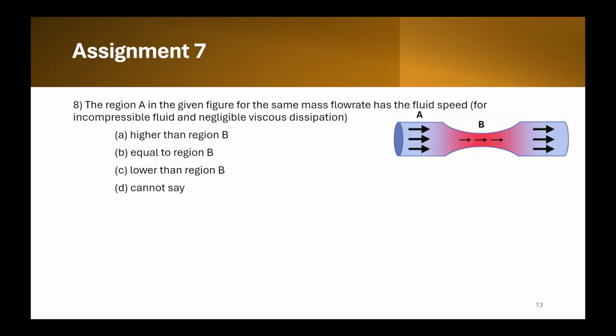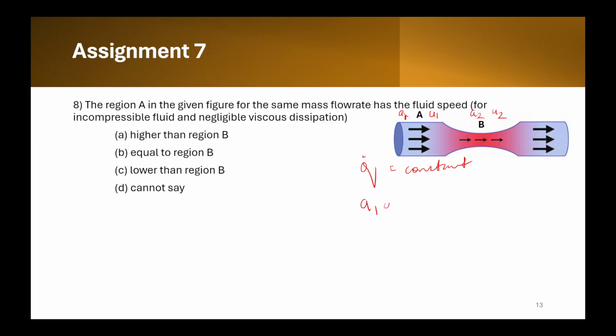Next question. The region A in the given figure for the same mass flow rate has the fluid speed, for incompressible fluid and negligible viscous dissipation, higher than region B, equal to region B, lower than region B, or cannot say. So here you see that the mass flow rate is constant. Let's suppose there is some cross-sectional area A1 and some velocity U1, and here area A2 and some velocity U2.